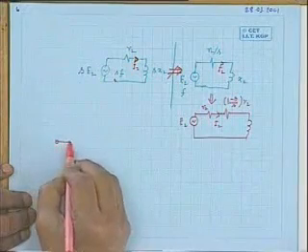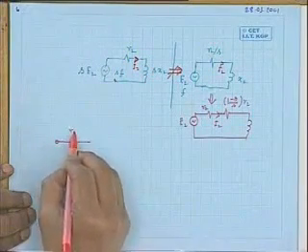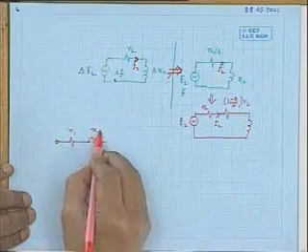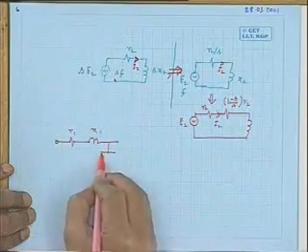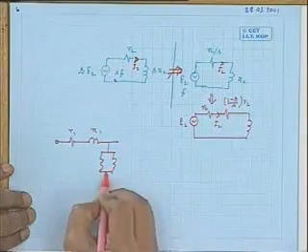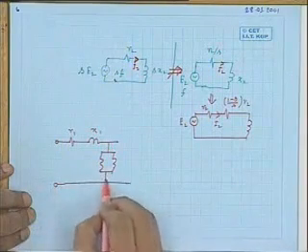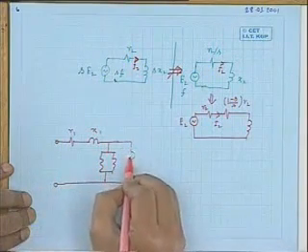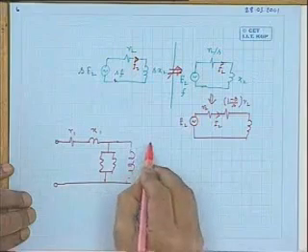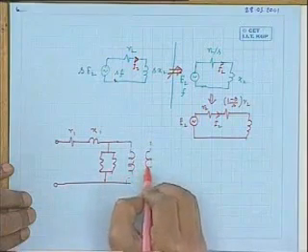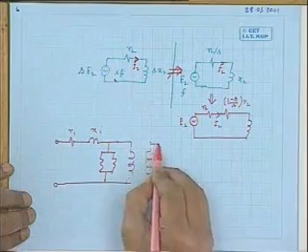Therefore, the equivalent circuit, I mean the stator at any speed S, can be drawn like this: R1, X1, and this is the leakage reactance per phase, and this is the ideal winding.